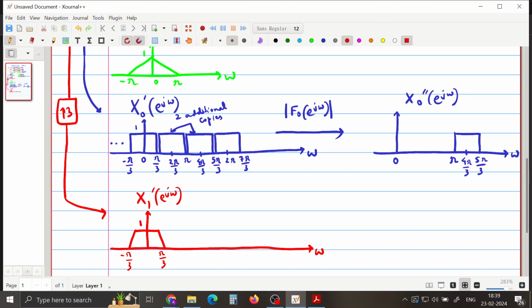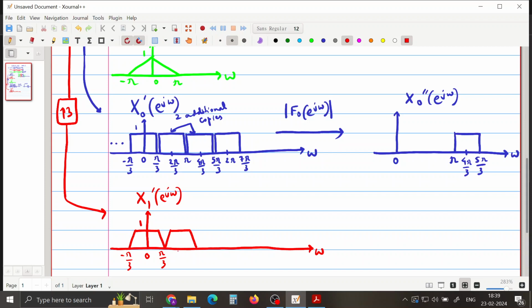This is centered at 0, and we will have two additional copies of this from 0 to 2 pi.